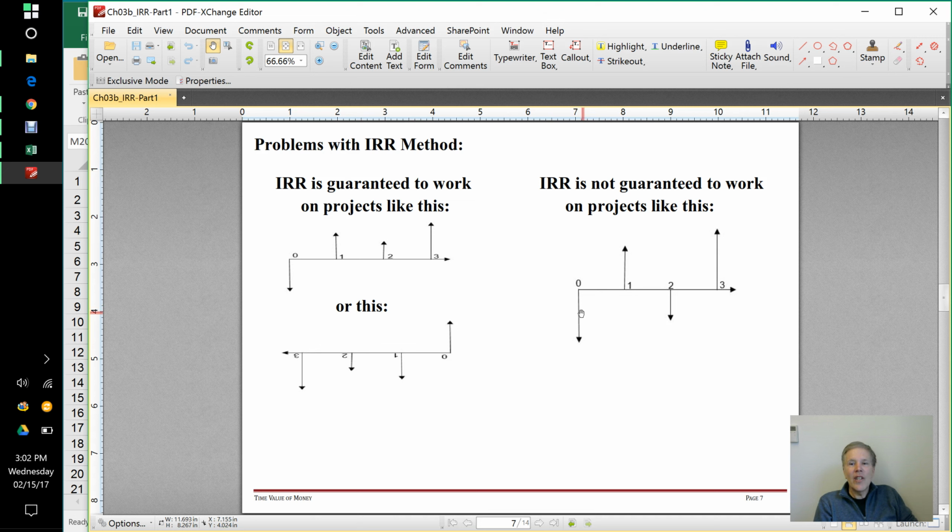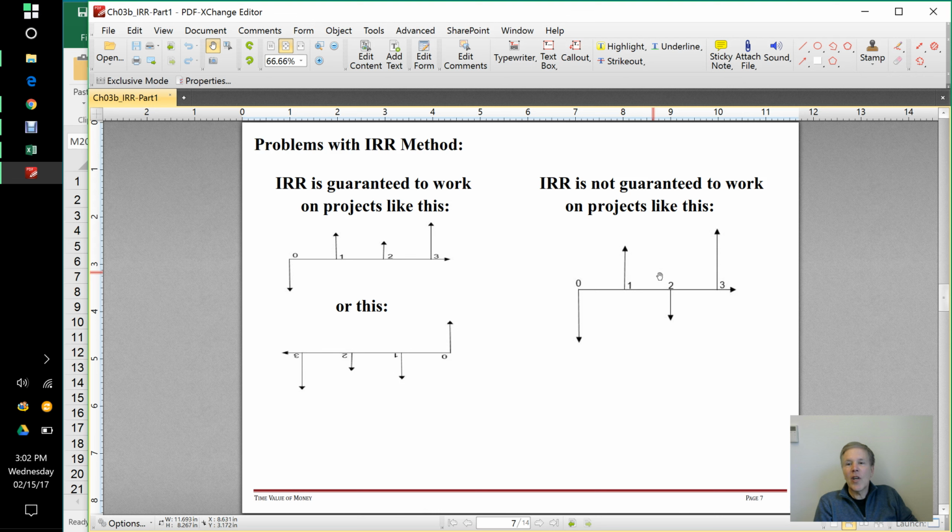And sadly, this is the type of thing that we see for sponsors of development projects, as well as cash flow producing properties. If you're the sponsor, if you are the equity investor in a real estate project, you may have to invest a lot now to get stage one going.